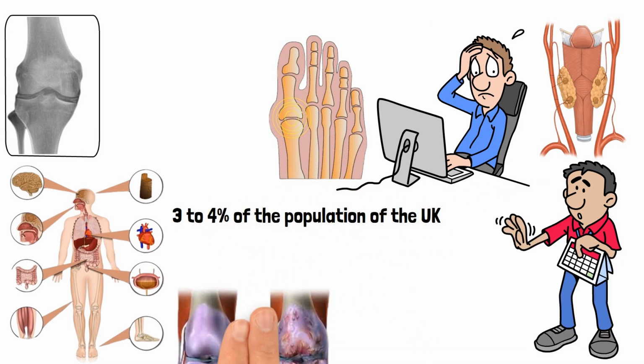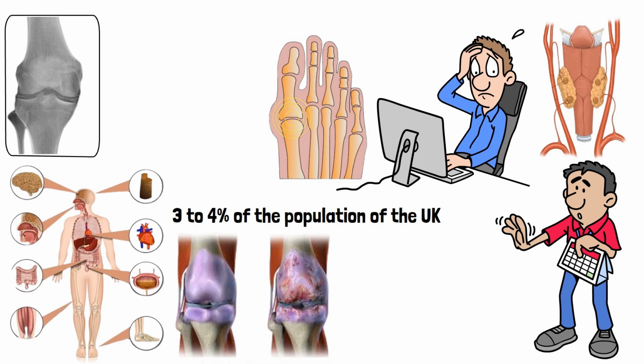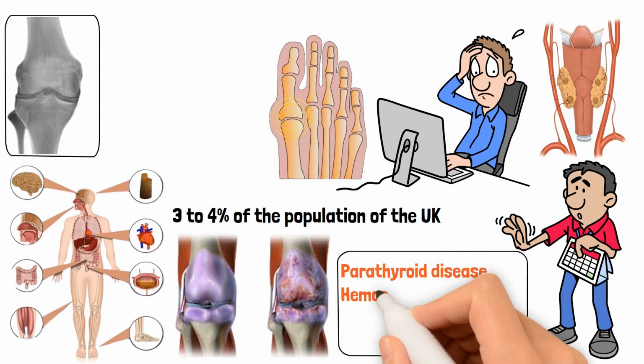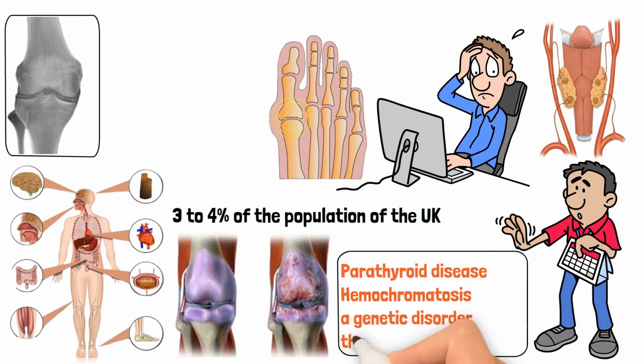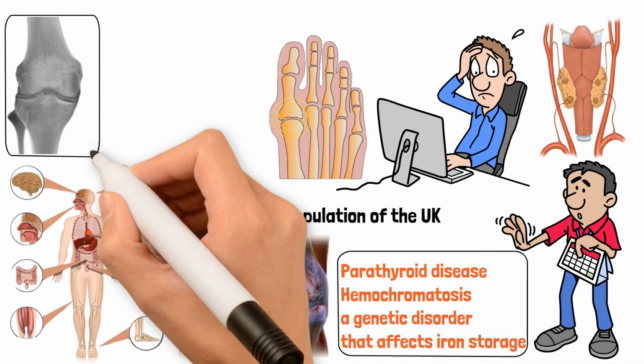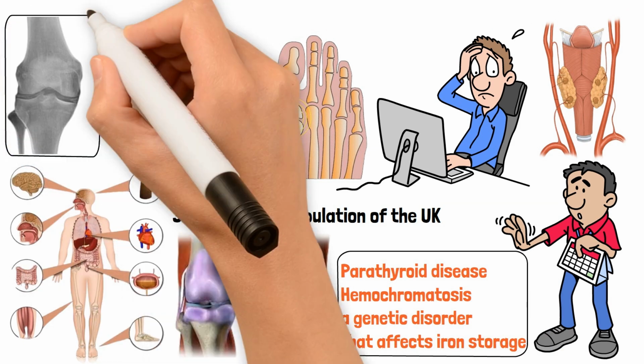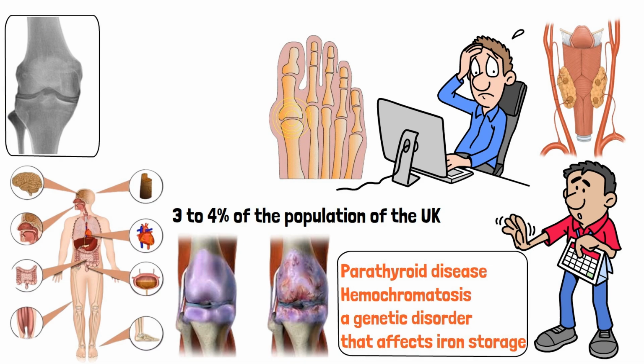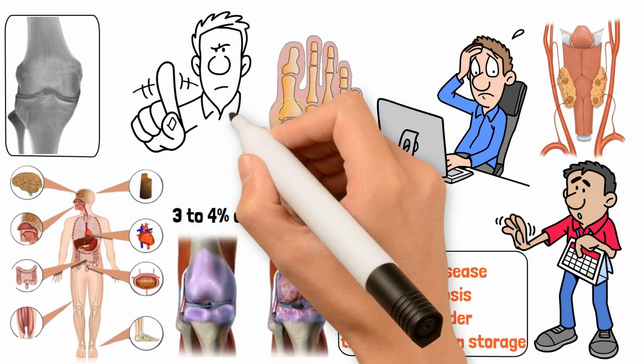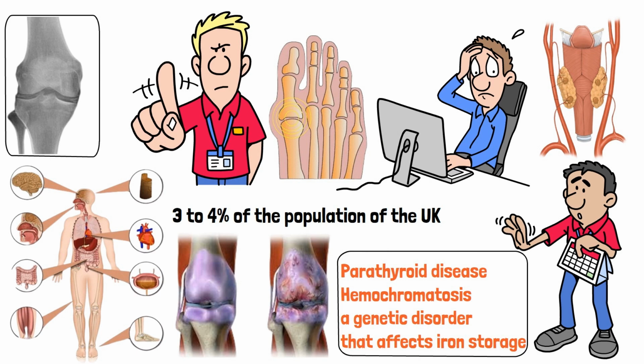It's more likely to occur in joints that have already started to change in structure, particularly those affected by the condition osteoarthritis. In addition, conditions like parathyroid disease and hemochromatosis, a genetic disorder that affects iron storage, can increase the likelihood of developing CPPD.